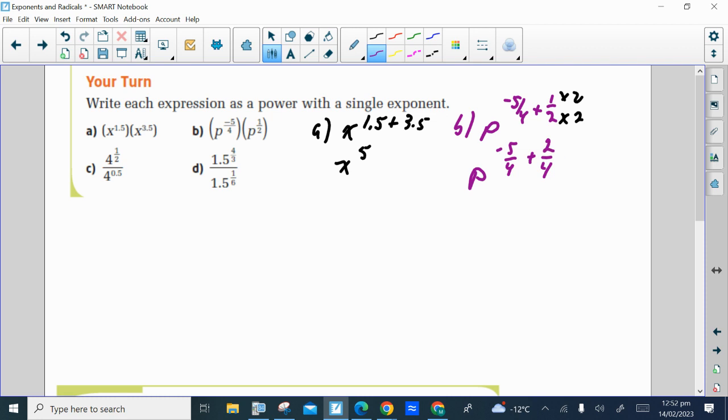Whatever you do to the bottom, you must do the same thing to the top. And now, because we have a common denominator, we can add those together and keep the same denominator. Negative 5 plus 2 is negative 3/4. Are we done, Riley? What do we need to do?